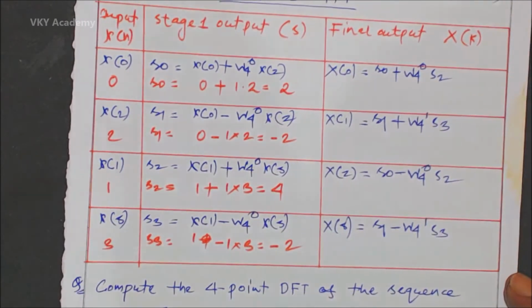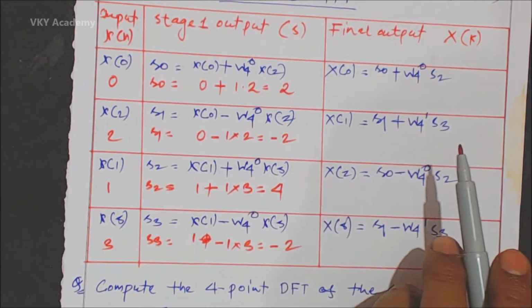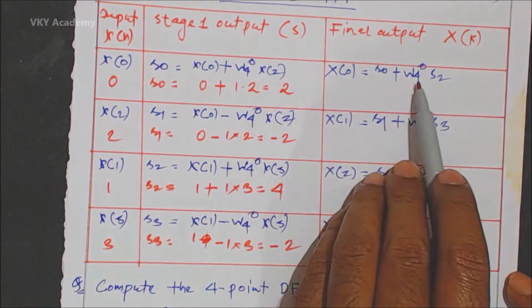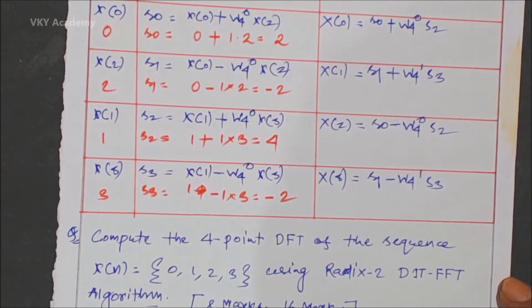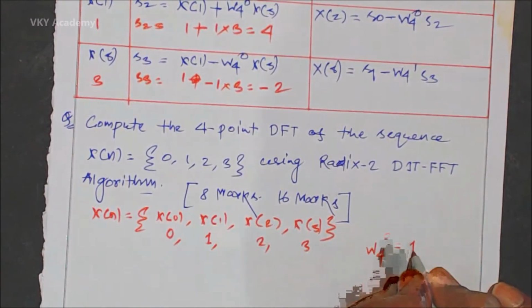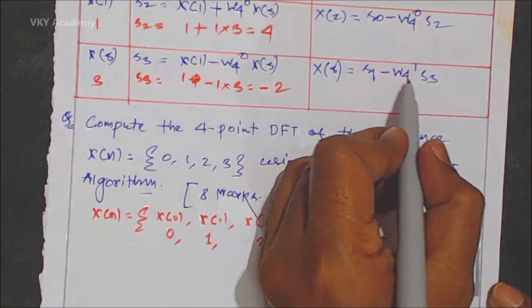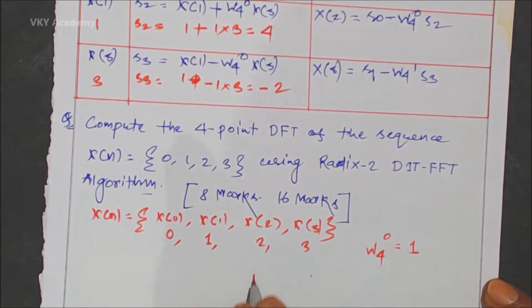So we have calculated the first stage output. Let us calculate the final output. In the final output, we have two types of twiddle factor. One is W4 to the power 0, which is always equal to 1. Next one is W4 to the power 1. So we need to calculate the value of W4 to the power 1.